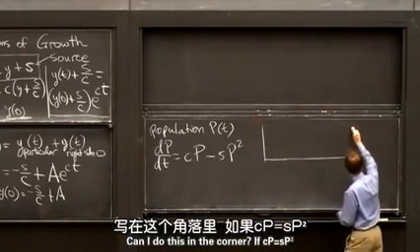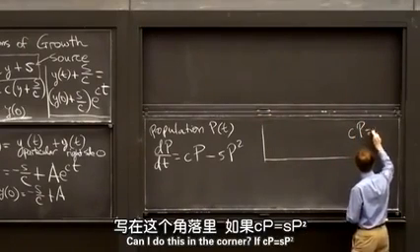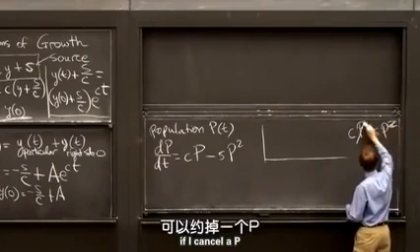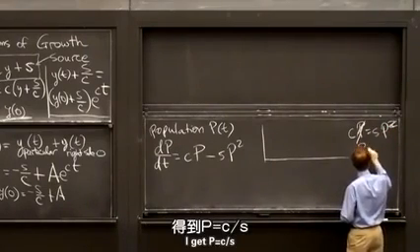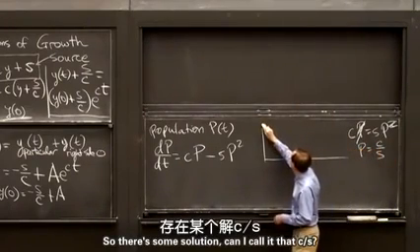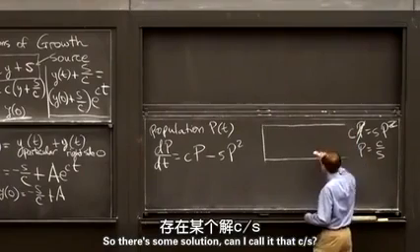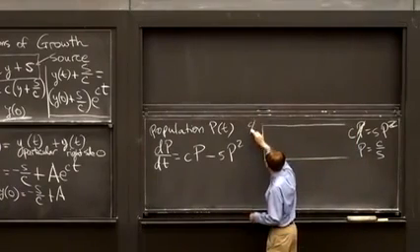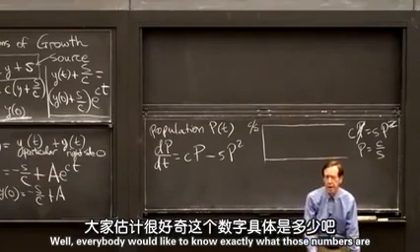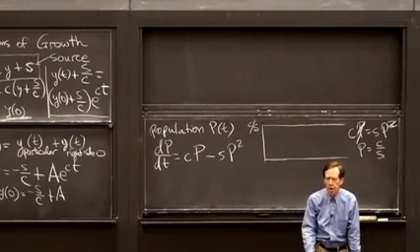Can I do this in the corner? If Cp equals Sp squared, and if I cancel a P, I get P equals C over S. So there's some solution, C over S. Well, everybody would like to know exactly what those numbers are.